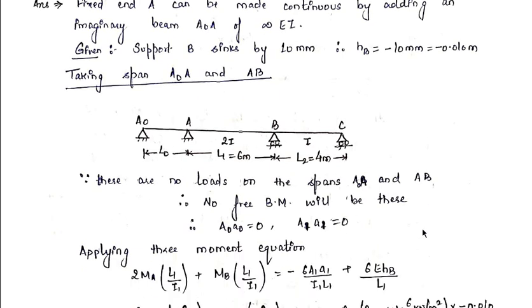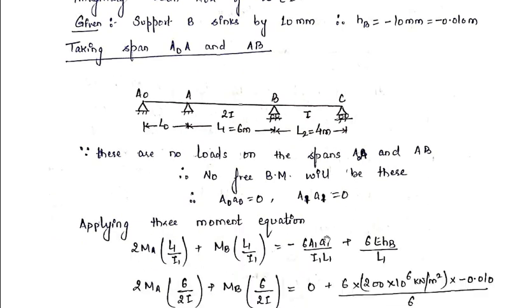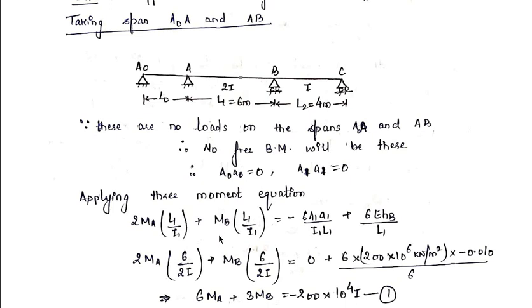Okay, so we will just come to the application of the three moment equation. For the imaginary span, we already found this equation in the previous lecture, so we will apply the same equation here also. So the equation is this. Just put in all the values.